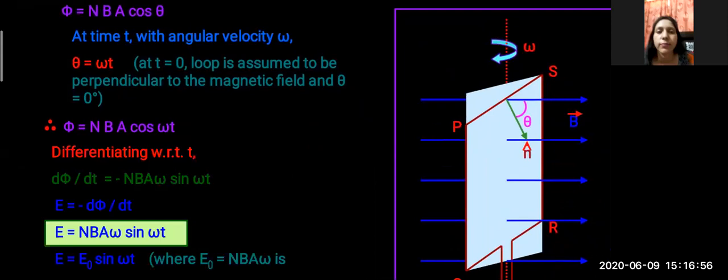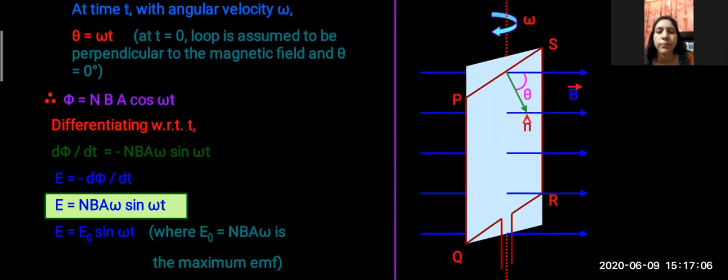Differentiate this equation, we will get d phi over dt equal to minus NBA omega sin omega t, or EMF equal to minus d phi over dt, which equals NBA omega sin omega t. I hope this point is clear to you. So this is equal to E naught sin omega t, where E naught is NBA omega, the maximum EMF.